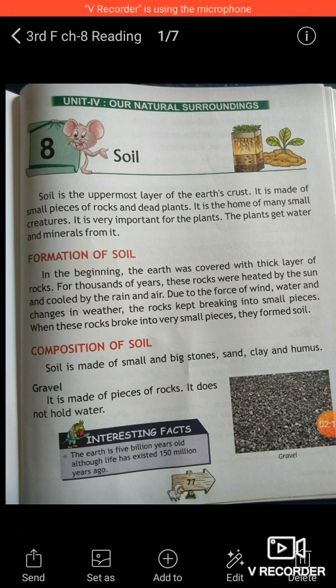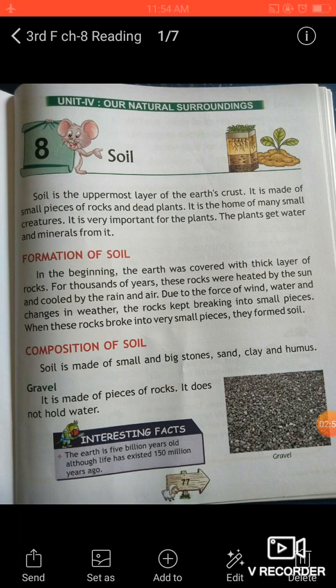And changes of weather, it means when it is hot and when it is cold, that also affect the rocks, and due to that the rock kept breaking in small pieces. So when these rocks broke into small pieces, that way they formed the soil. Small pieces turned into soil.